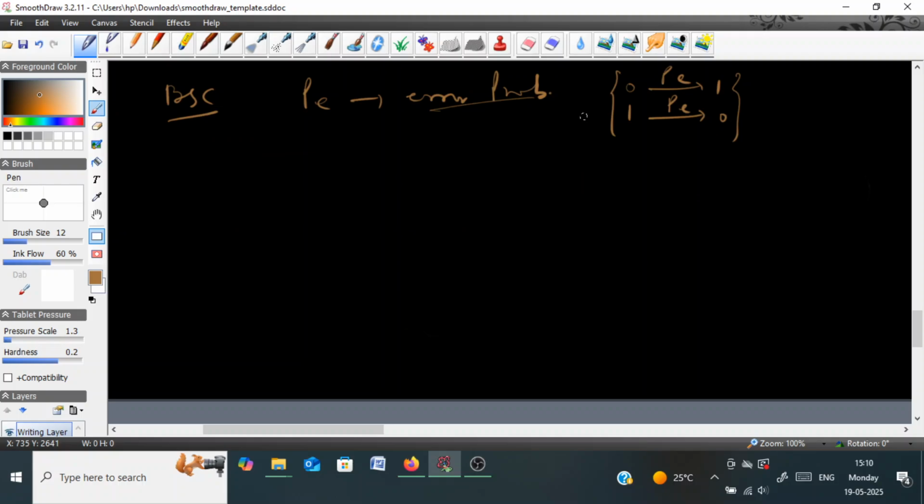So you have to determine the probability of receiving exactly k digits in error. Okay, so this is the conditional probability.